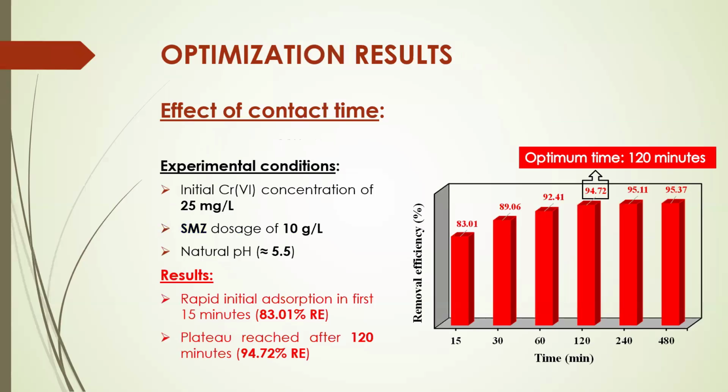Next, we optimize operating parameters for SMZ. First parameter is contact time. You see the experimental conditions: initial chromium-6 concentration of 25 milligrams per liter, SMZ dosage of 10 grams per liter, natural pH, about 5.5. What we found was very telling. In the first 15 minutes alone, we achieved about 83% removal efficiency, rapid initial adsorption.